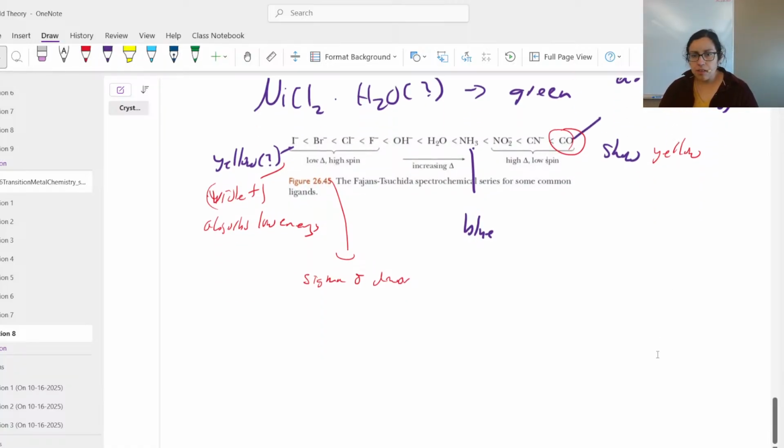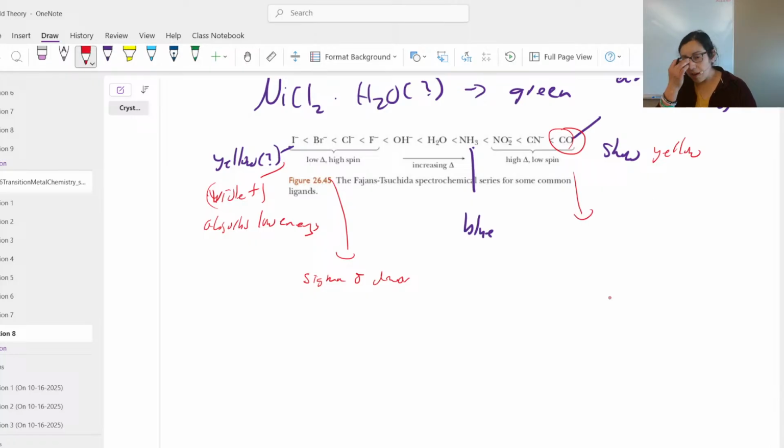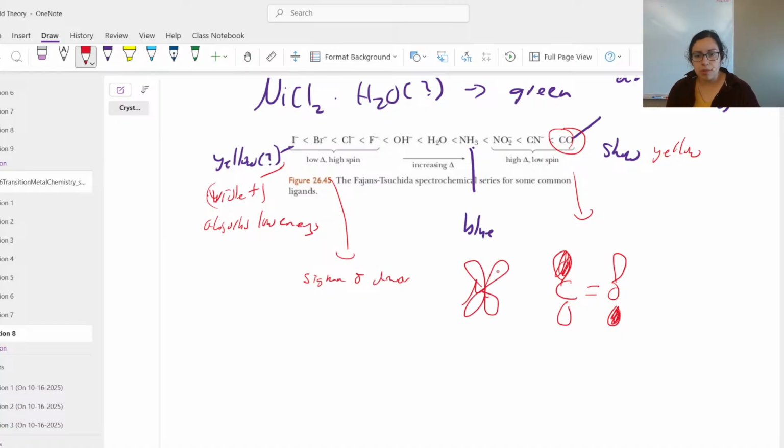And so it's this concept of pi back bonding. And so now we have to think back to our CO, right, Lewis dot structure, or MO diagram. And so basically it has, right, our anti-bonding orbitals available. And so then these anti-bonding orbitals, right, so our pi anti-bonding orbitals match in symmetry with our metal d orbitals.